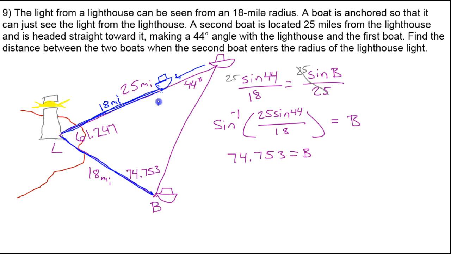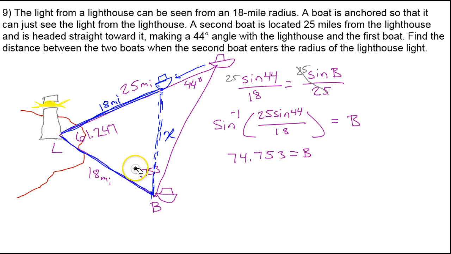But the actual distance that we're trying to find is this distance right here. The distance between the two boats at the point when the second boat is now 18 miles from the lighthouse. So actually this is going to be an isosceles triangle, with 61.247 at the vertex angle.